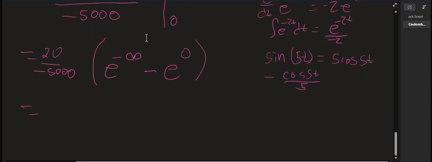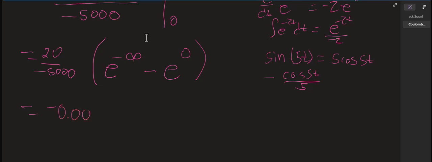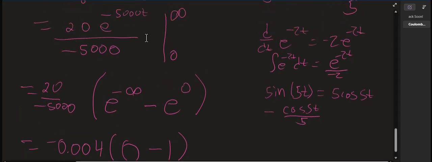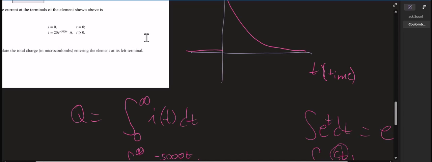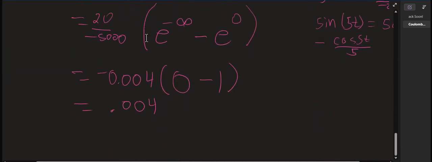So that is negative 0.004 times, and e to the negative infinity is 0, and e to the 0 is 1. So this is 0.004, and since my units up here were amps, then my units here will be coulombs.